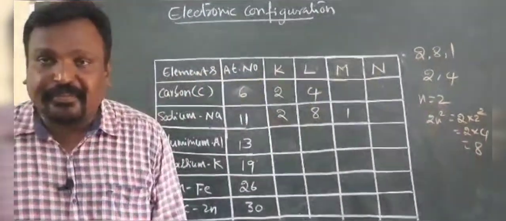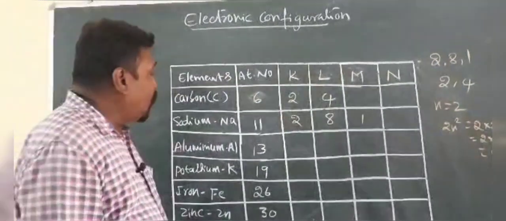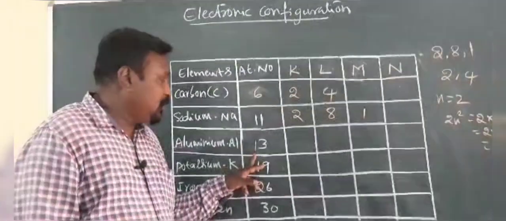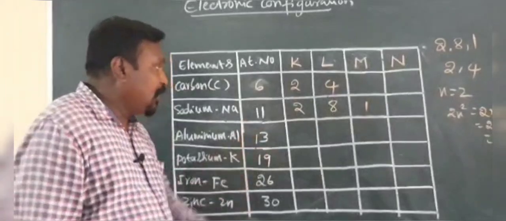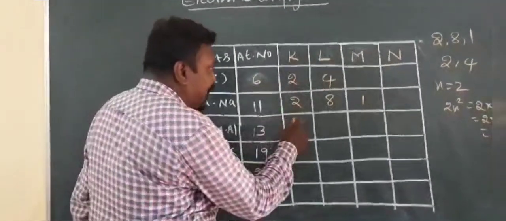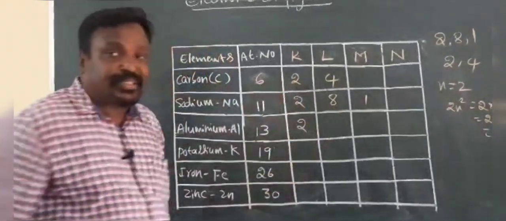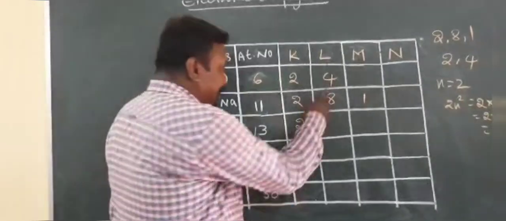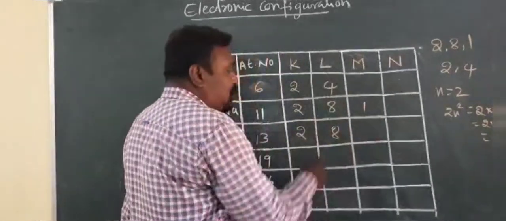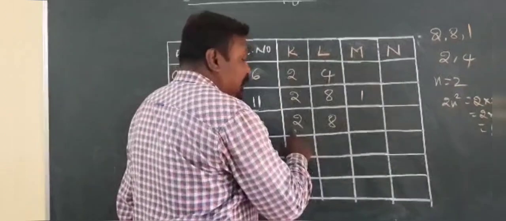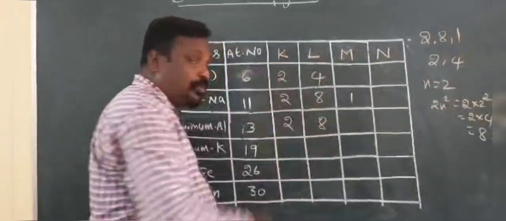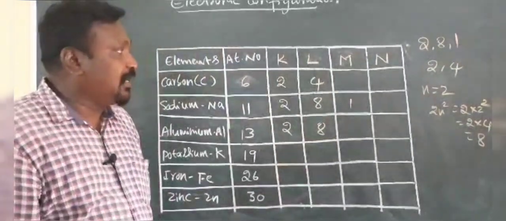Did you understand? Okay, let us see one more element, that is aluminum. Here also the same thing: K shell gets 2 electrons, L shell a maximum of 8 electrons, and 8 plus 2 is 10.